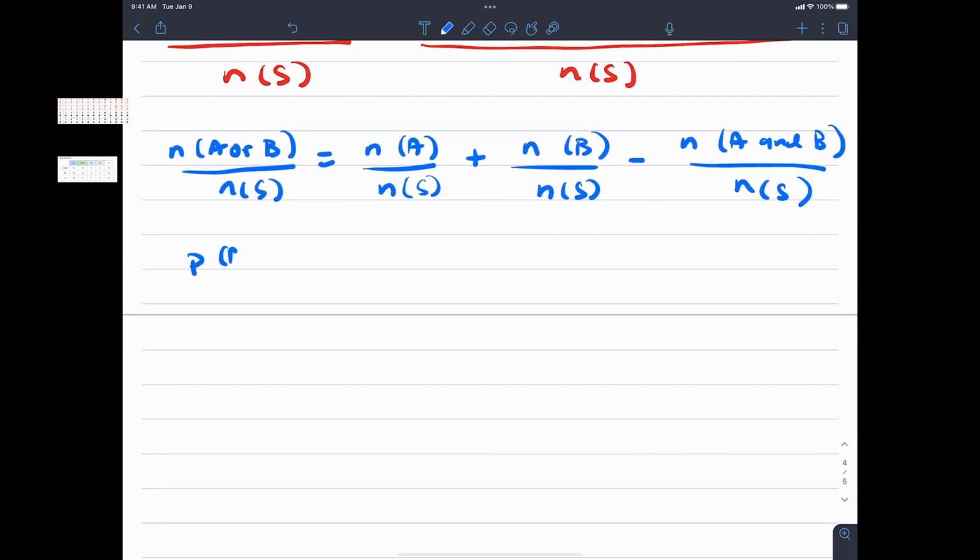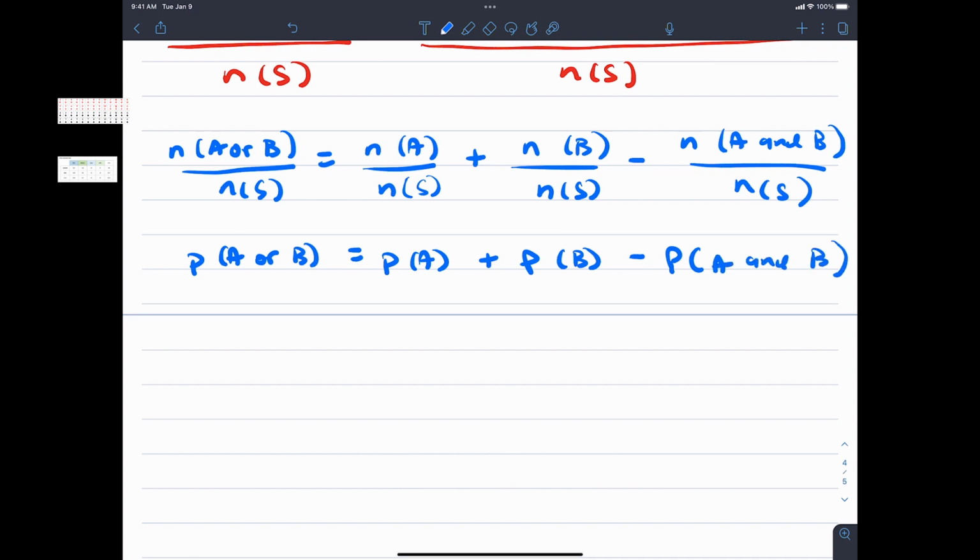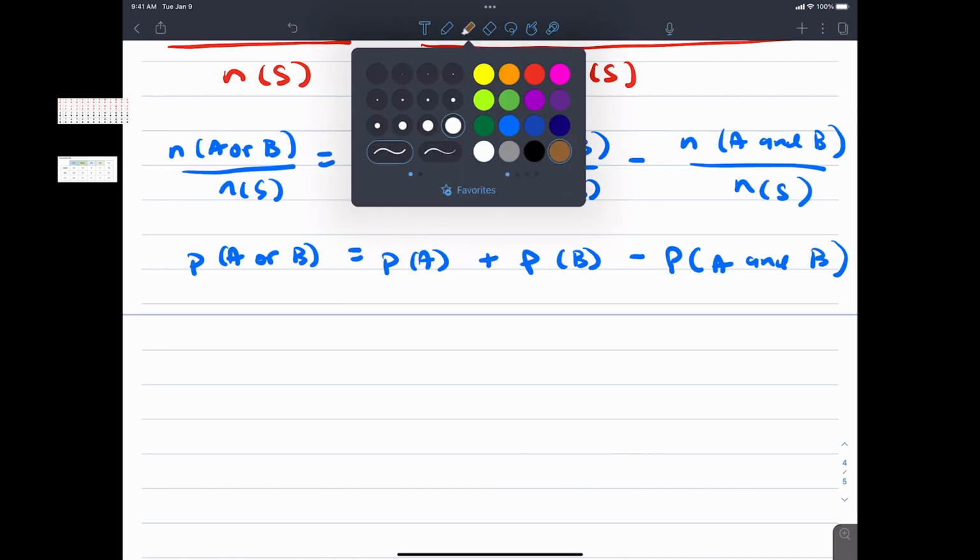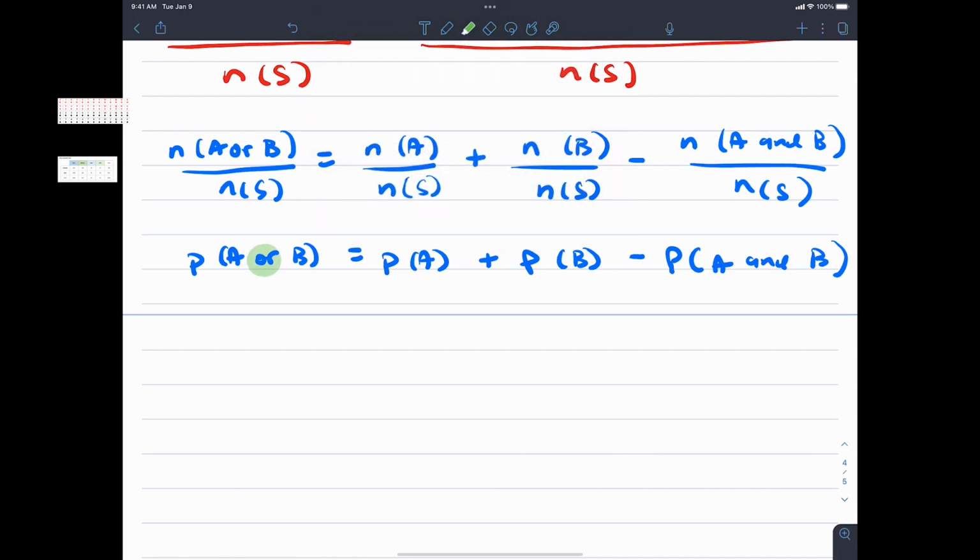That's the probability of A or B. This here is the probability of A, and then the probability of B minus the probability of A and B. Now, this concludes the proof for the addition rule for probability, and you apply it whenever you see the word or.